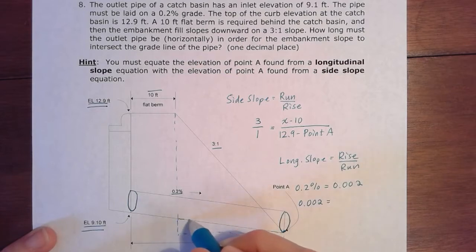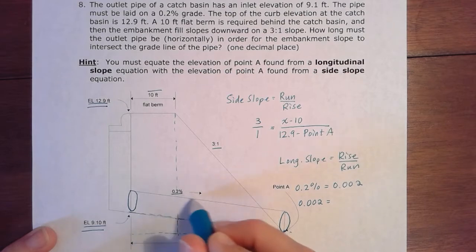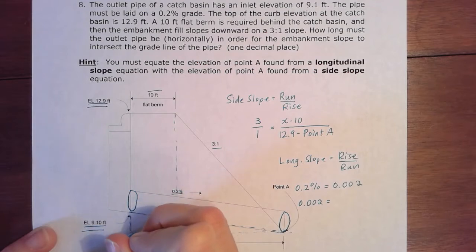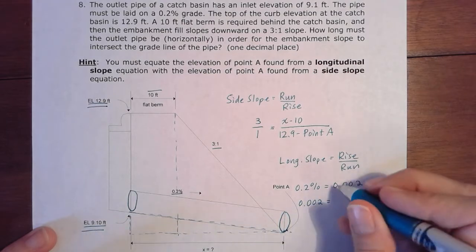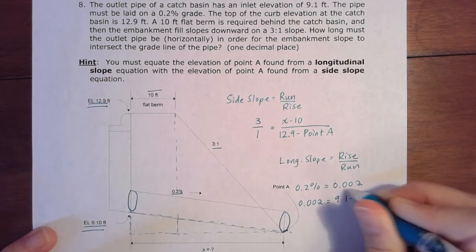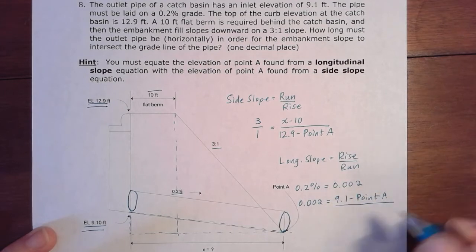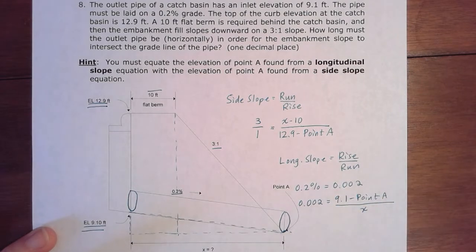If we continue that triangle up from the bottom of that pipe, our rise there is going to be all the way back to this whole pipe, because that whole grade is 0.2%. So our rise here is going to be this elevation of 9.1 minus that elevation of point A. So 9.1 minus point A for the rise for that 0.2%. And then the run is going to be that whole distance x. So those are our two equations.